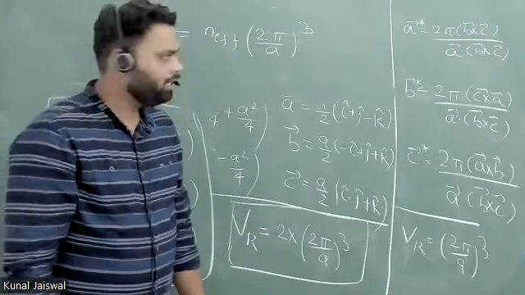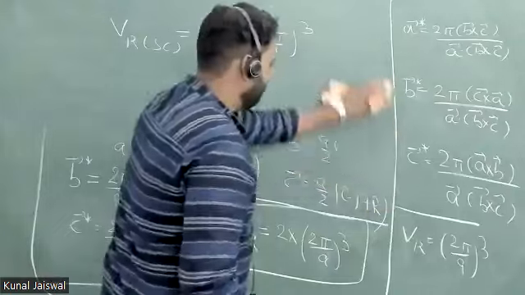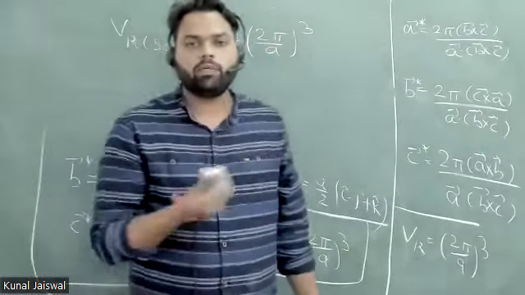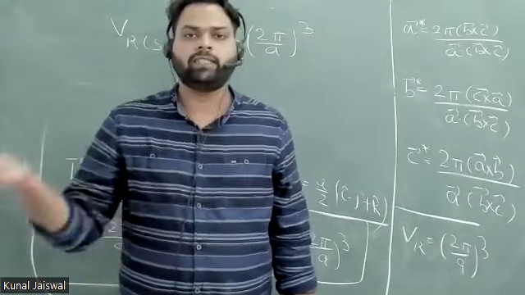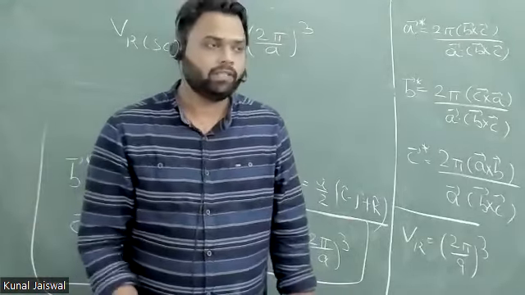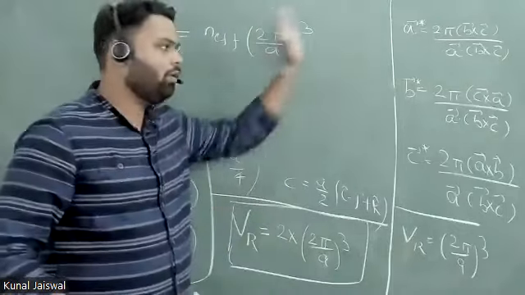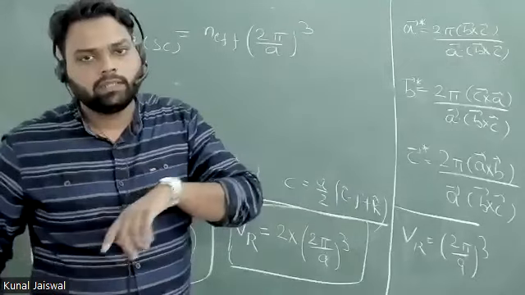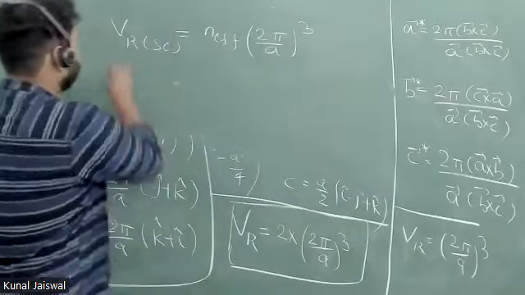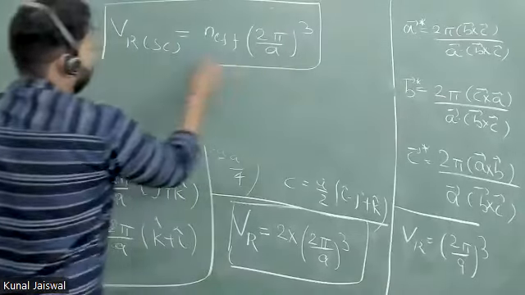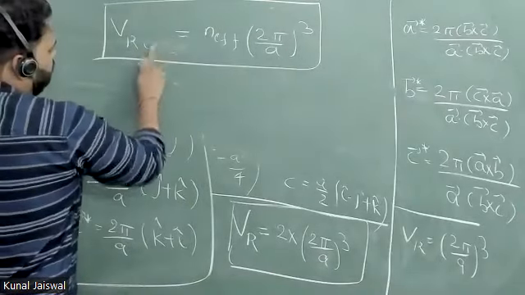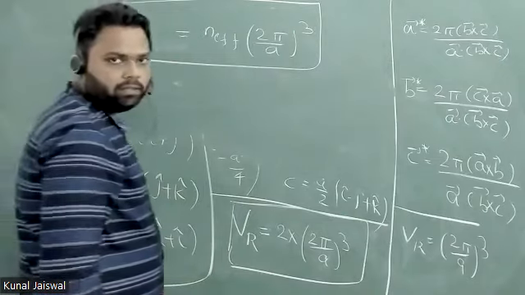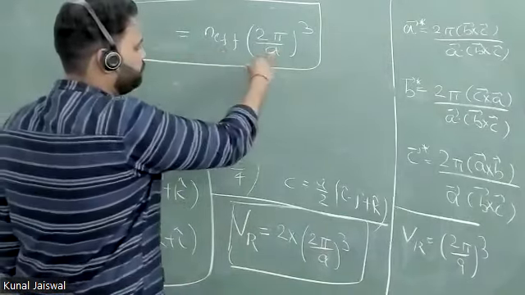Okay. So if a direct question comes, that what will be the volume of the reciprocal unit cell in the BCC, there are two ways. The first is to go through all the vectors, find each reciprocal lattice vector and find the volume. The second is to just use this relation: VR, the volume of the reciprocal unit cell, will be n effective times 2 pi by a whole cube.